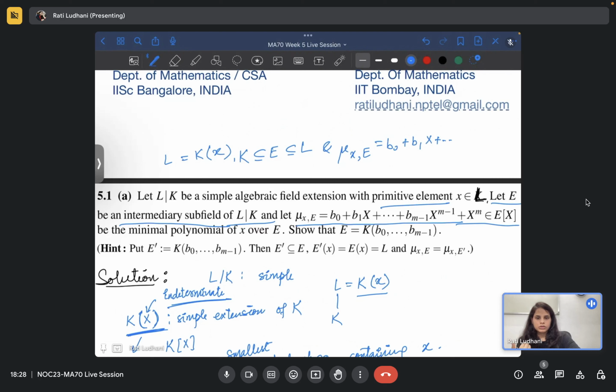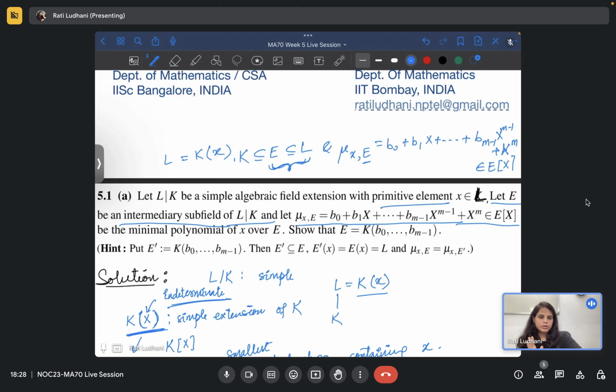So now the base field is E. So you are talking about this part, mu x comma E. E means the coefficients are coming from E. Yes, yes. So b(m minus 1) x raised to power m minus 1 plus x raised to power m belongs to E[x].